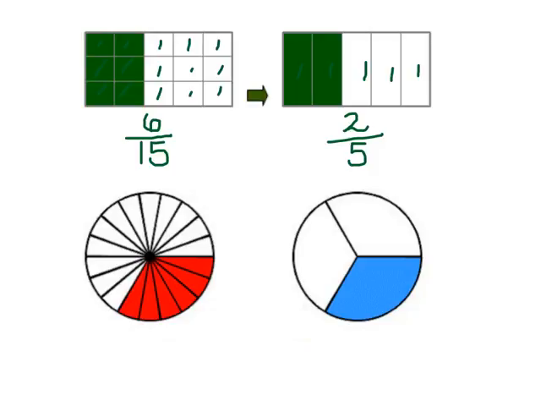So let's look at that. I know that we've talked about whatever I do to the numerator, I have to do to the denominator. So to simplify something, I'm going to divide it. I'm going to reduce the number of pieces that I'm dividing my whole into. So let's ask ourselves, what would I do to the 6 to get down to the 2?